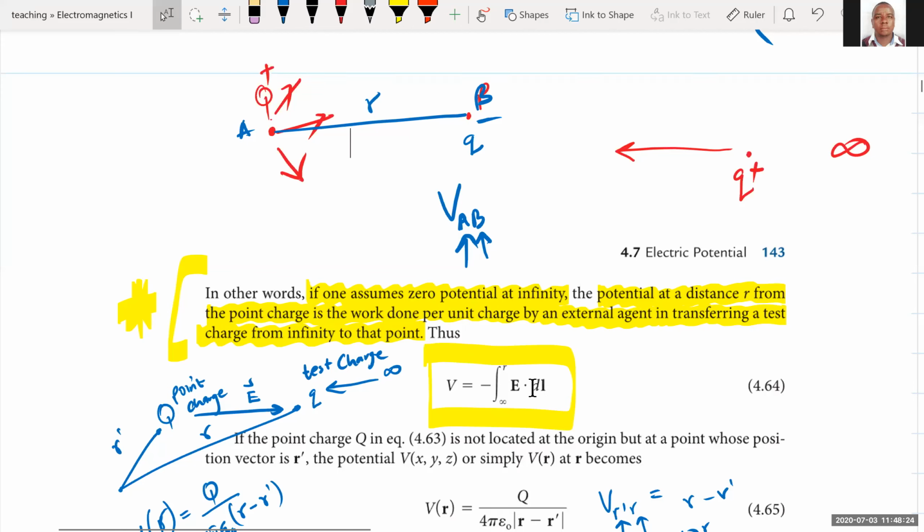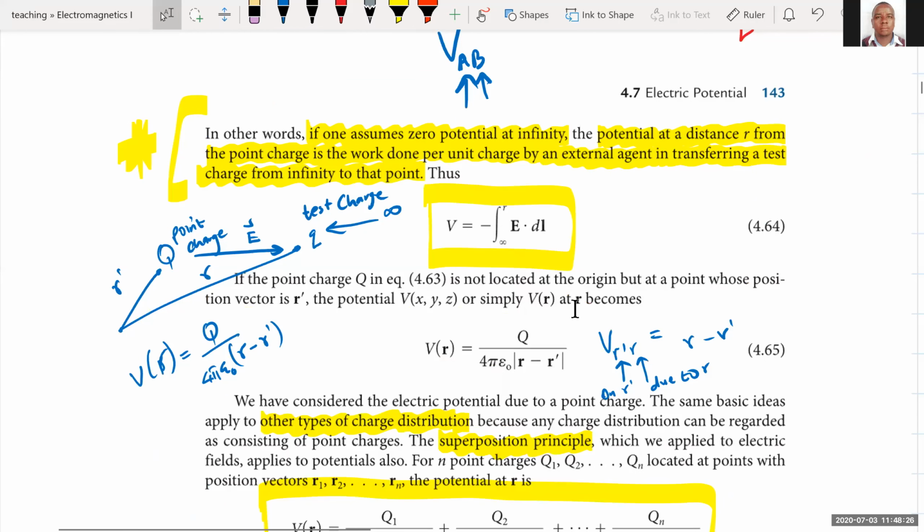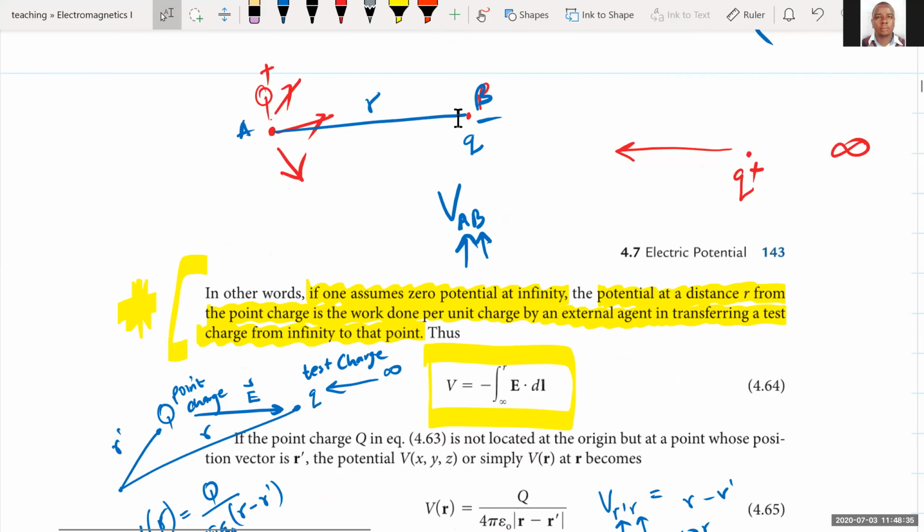We can simplify this further and express it in terms of the source and field points.